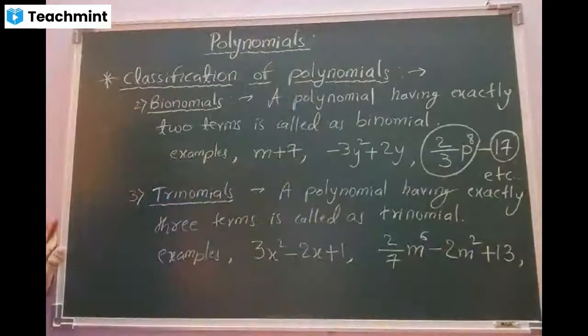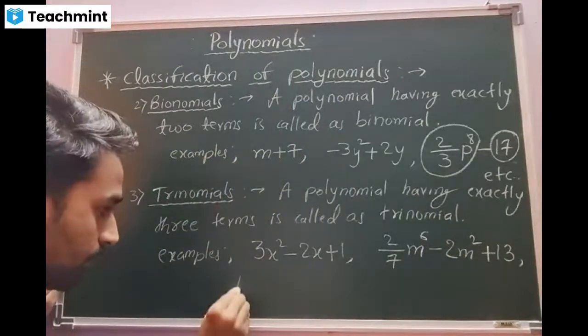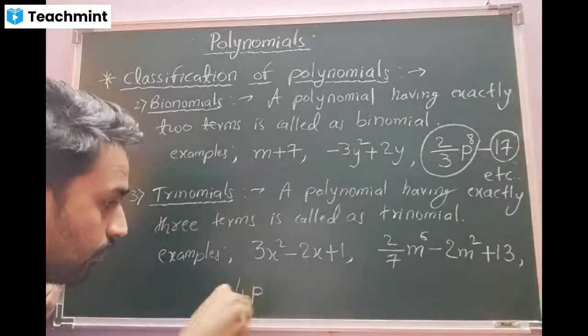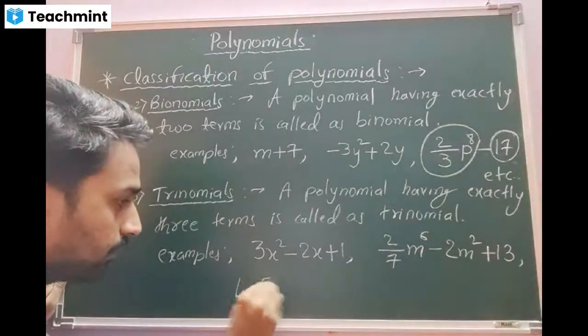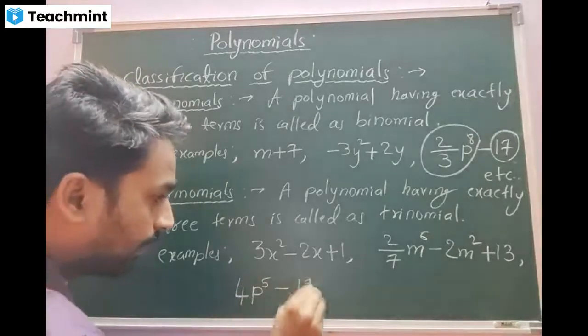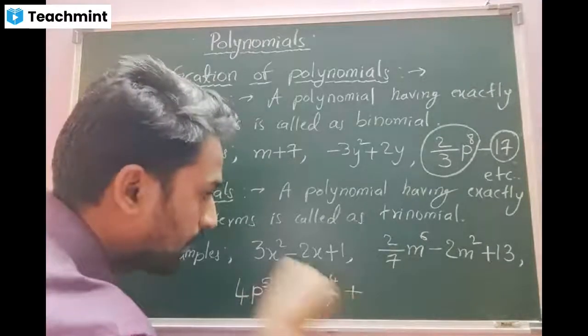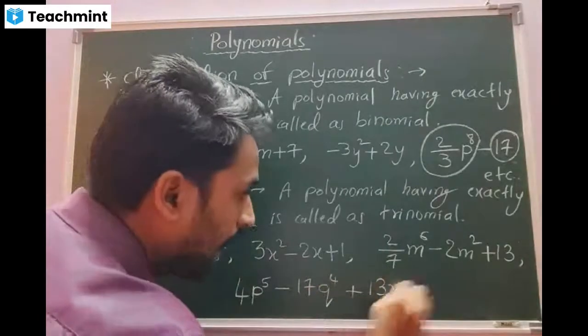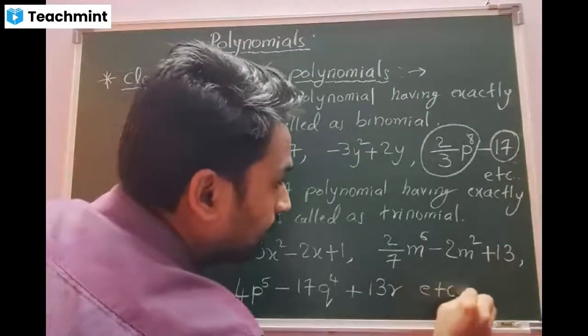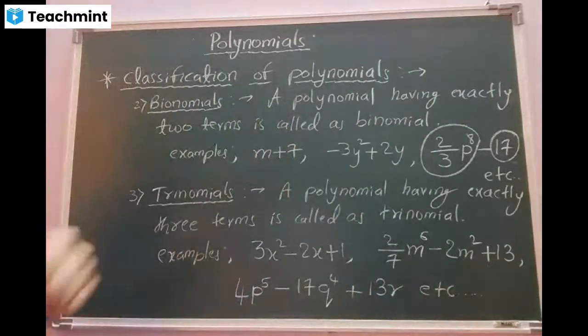This is the second example. Let me take one more: 4p raised to 5 minus 17q raised to 4 plus 13r, etc. Write down, beta, quick.